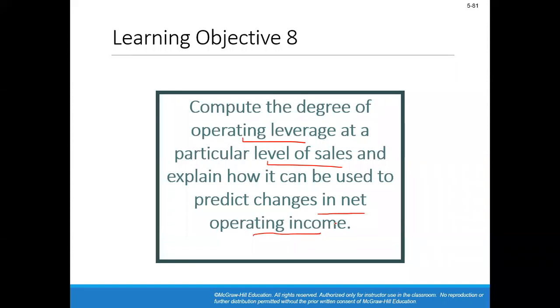So before going to explore the concept, let me ask you: when a business has a higher fixed cost, does it have higher operating leverage or lower operating leverage?